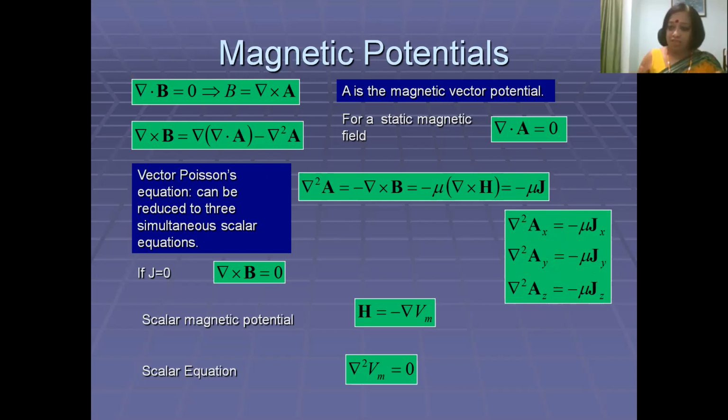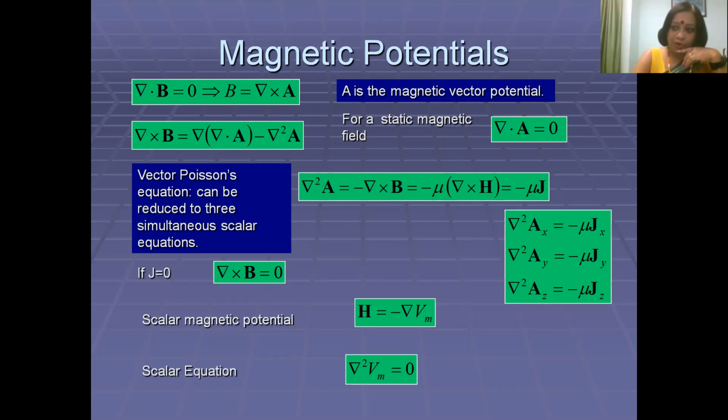Once you have solved these equations separately, independent of each other, you have the Ax component, the Ay component, the Az component. Put the three together, and you have the vector field A. So even though this is a vector equation, all you need to solve is three Poisson's equations.